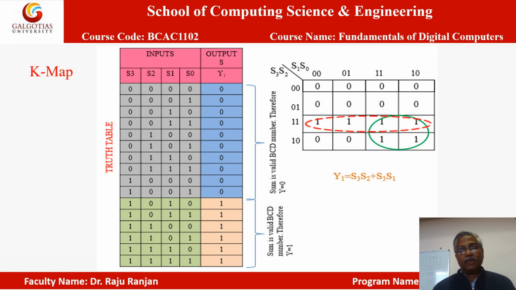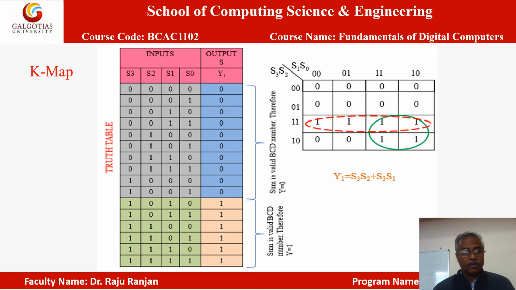So when the value of S3, S2 is 0, 0, and S1, S0 is also 0, 0, means first row, the value of y is 0. We will map all these values of y into this K map table. So S3, S2, 0, 0, and S1, S0, 0, 0, we will map here 0. Similarly, all the rows will give us 0, so all 8 zeros are here.